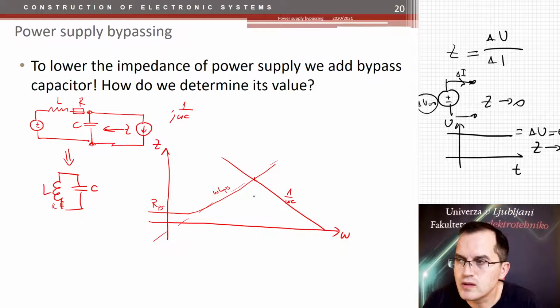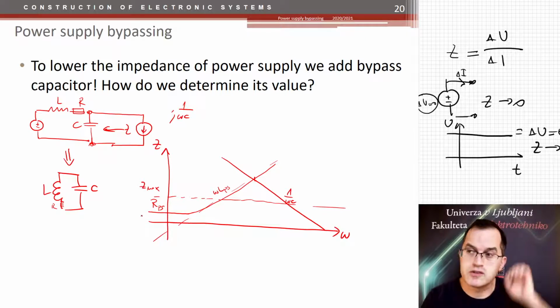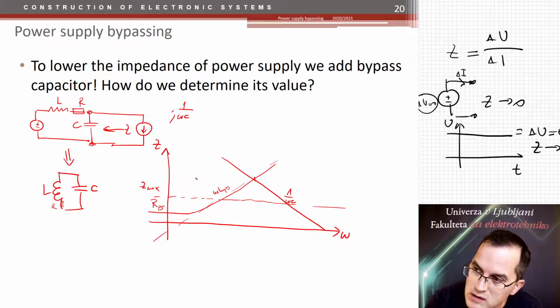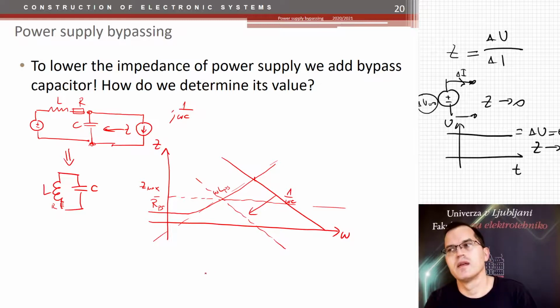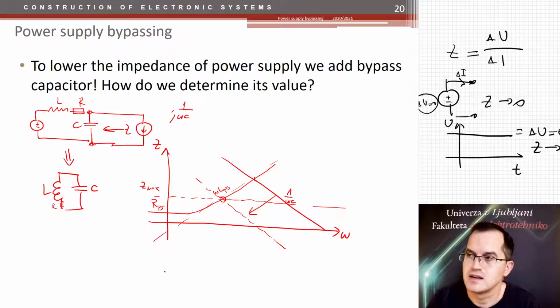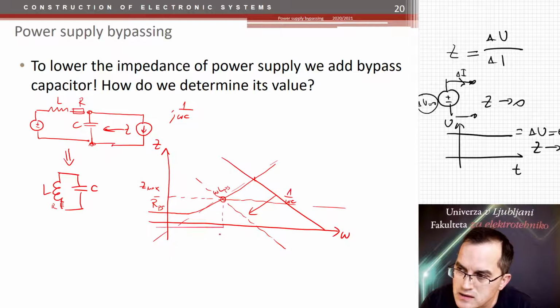So if I draw now the maximum impedance we want to achieve, not more, then we have to move this 1 over omega C in such a way that it would at least go to this point here. And then the question is, how much is the capacitance? Okay, let us look. The resonance here is called parallel resonance, omega parallel.